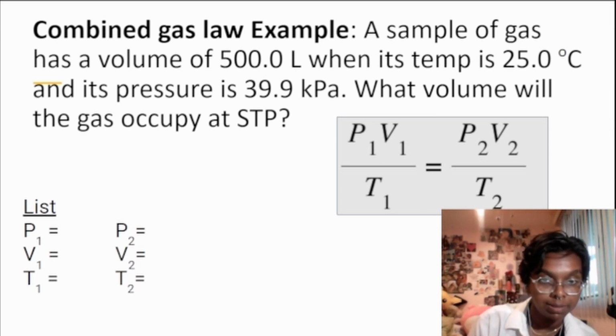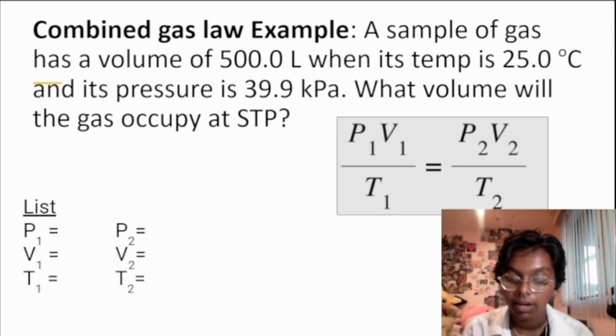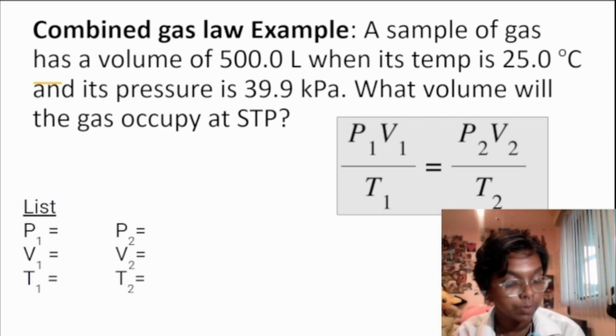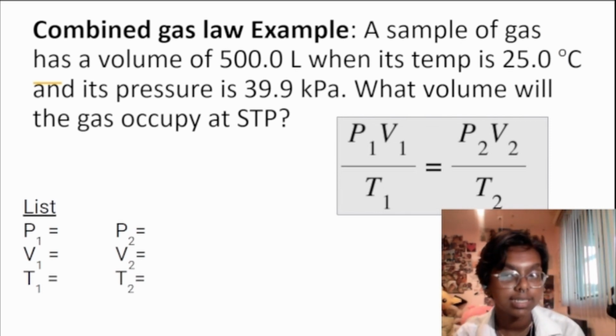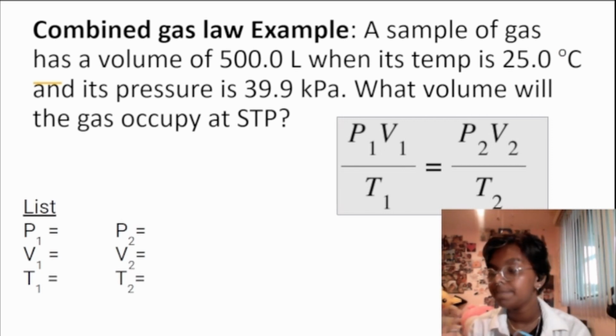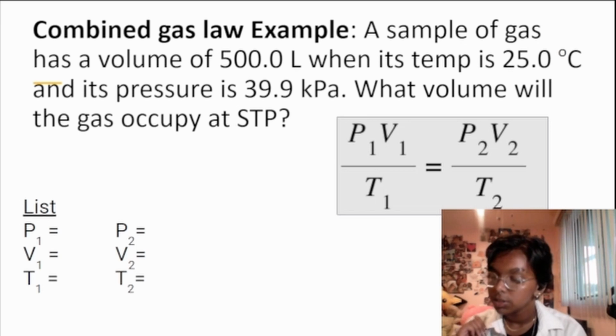And if you know anything about math, you can't divide by 0, because 0 likes breaking math. So what do you do in this situation? You convert the Celsius to Kelvin, right? Now how do you do that? Well, it's on table 2. You take the Celsius temperature and you add 273 to it.